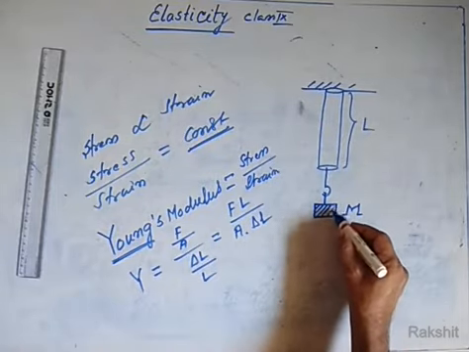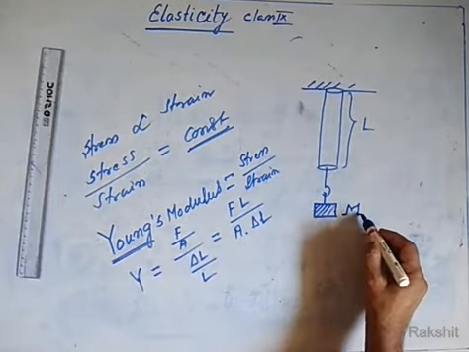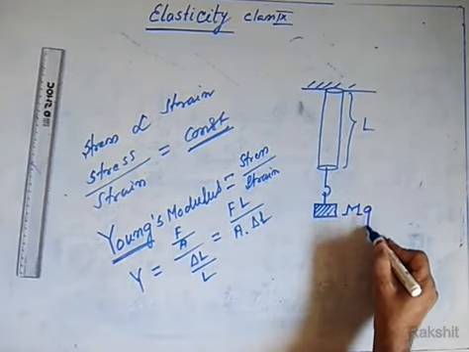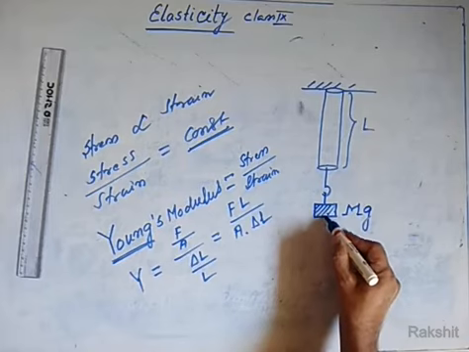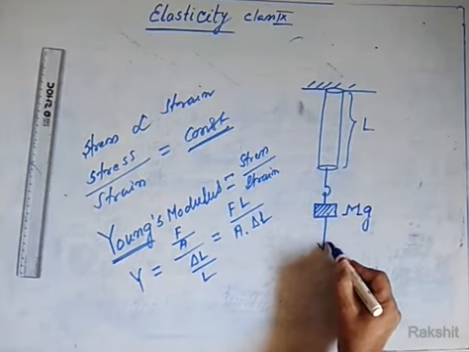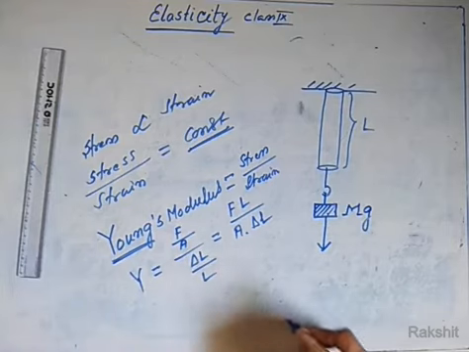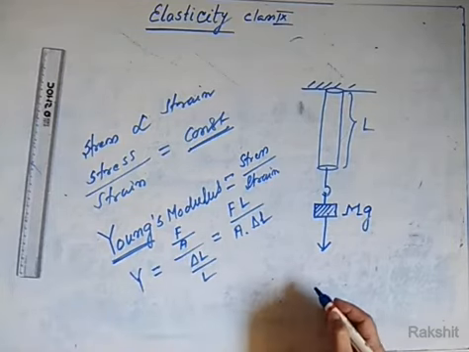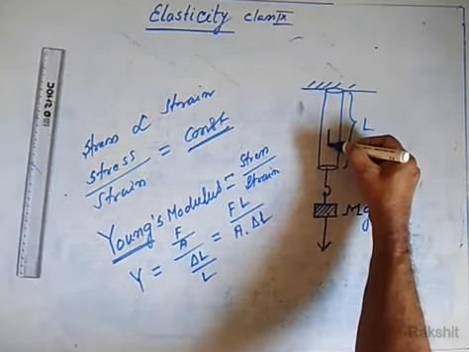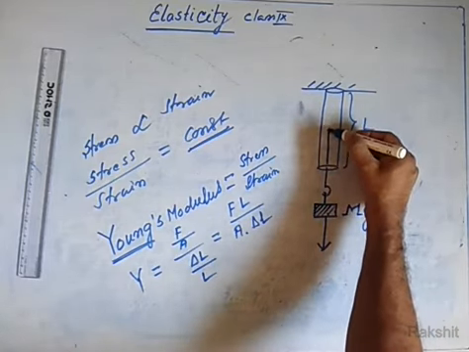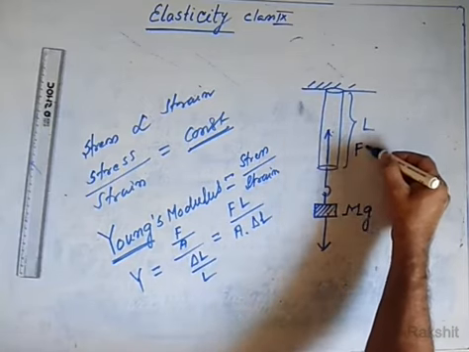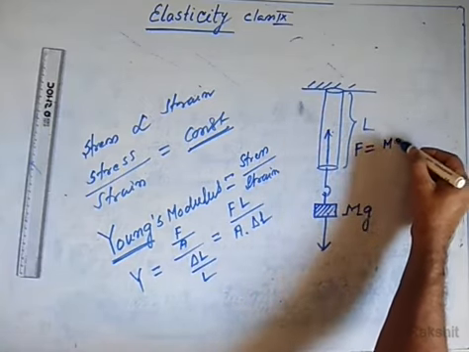So when mass M is attached here, the force due to this mass is equal to mg. Mg is equal to weight, and you know the weight always acts downwards. So the force developed within the body to prevent elongation, that F, is equal to mg.